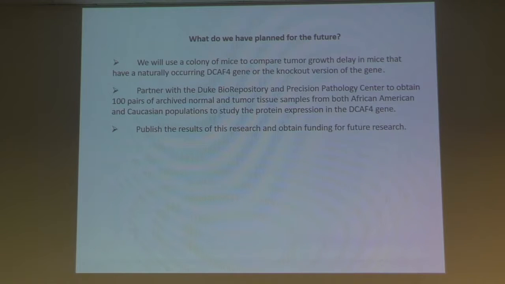We also partnered with the Duke Biorepository, or biobank, to obtain 100 pairs of both archived normal lung tissue and tumor tissue samples from both African American and Caucasian populations.